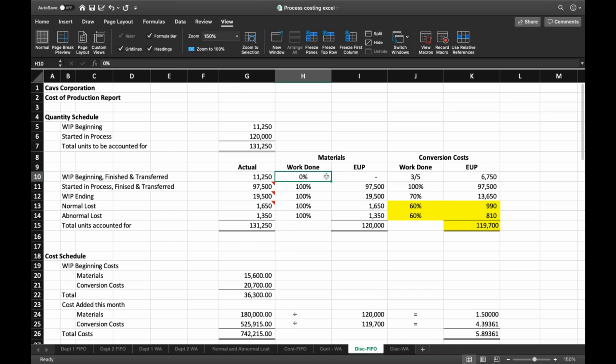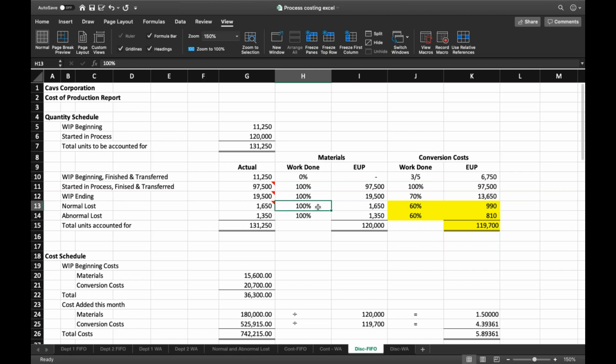So 0% in terms of materials, kasi yung ating work in process beginning is already 2/5 completed and materials is at the beginning, nalagyan na siya ng materials last month pa. So wala na siyang materials this month. So this one meron, this one meron.